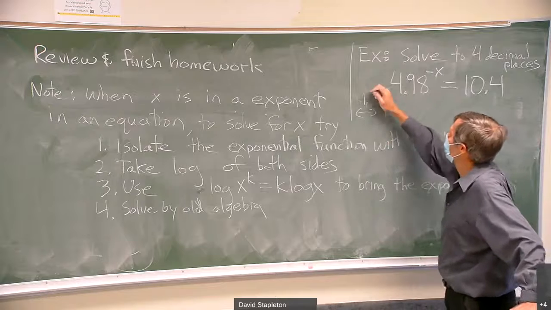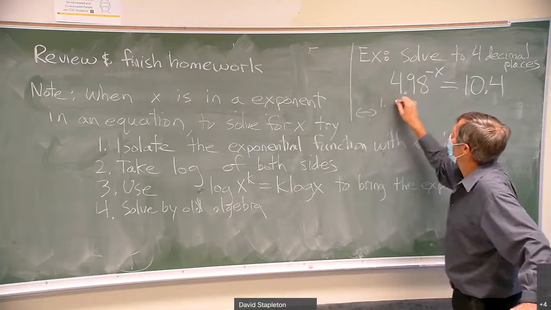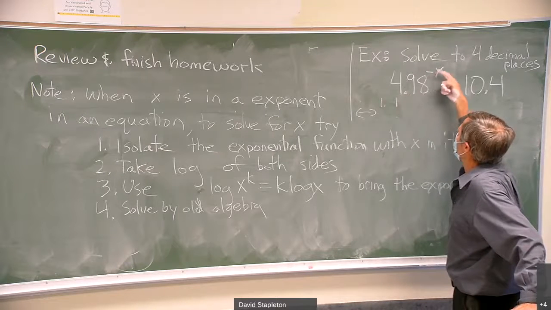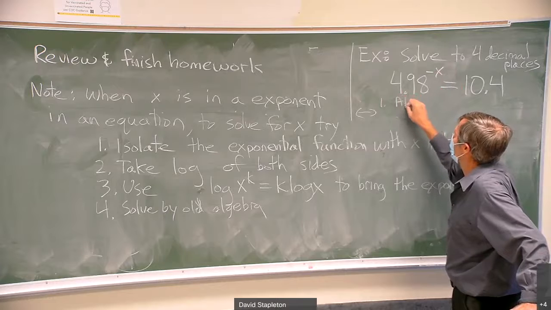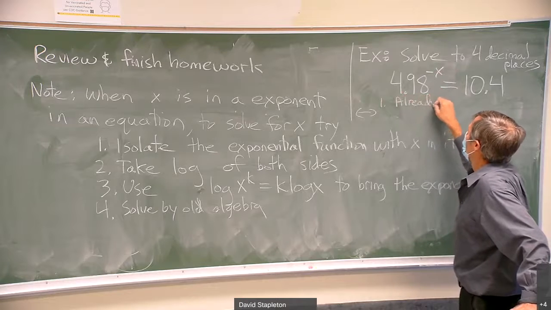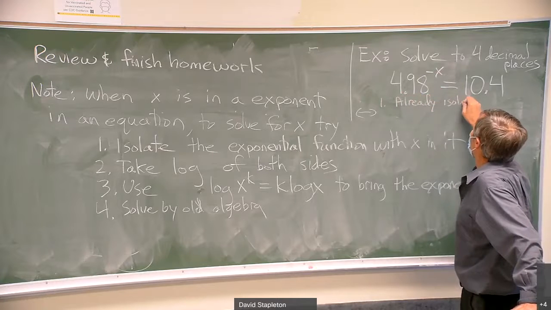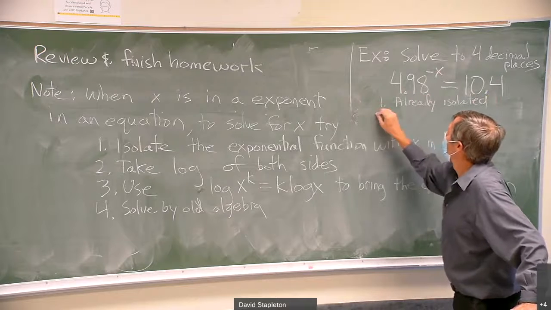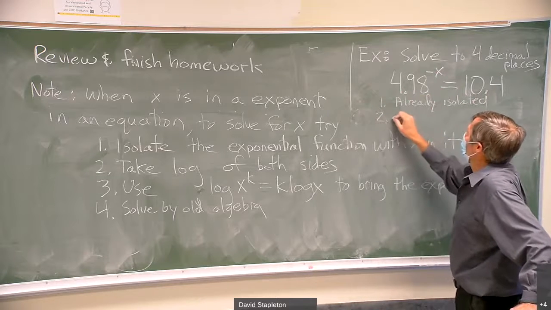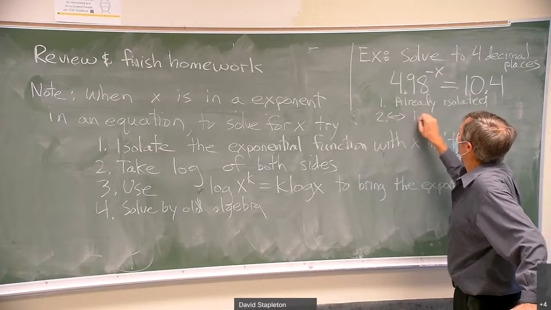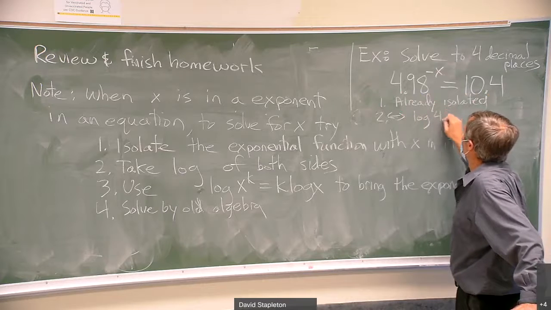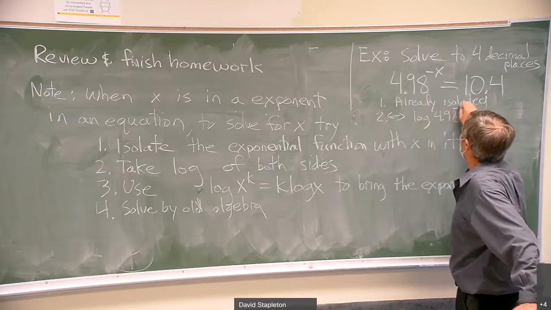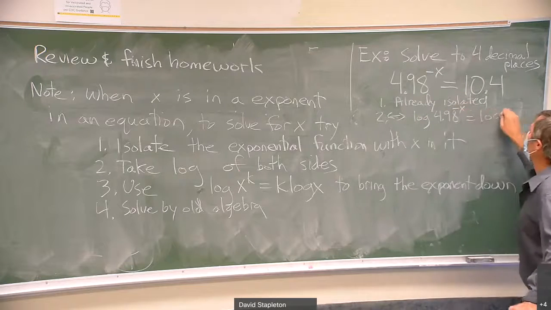Step 1 is to isolate. We'll say step 1 is it's already isolated, right? The exponential with x in it is already isolated. Now, step 2, we want to take the logarithm of both sides and say if they're equal, then their logarithms are equal. So log of 4.98 to the minus x is log of 10.4.